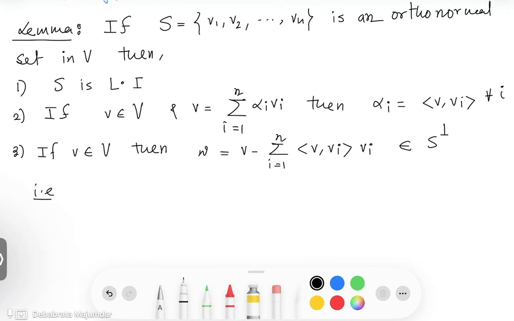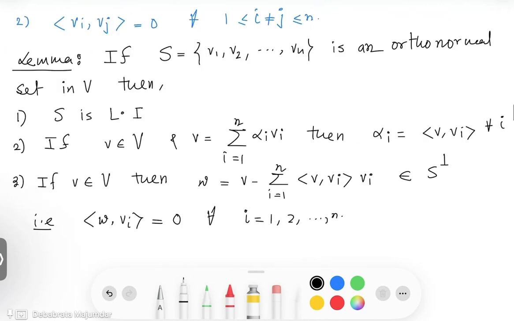So that is, I want to say, the inner product of w and vi is basically 0 for all i going from 1 to n. Okay, so just read the theorem very carefully.